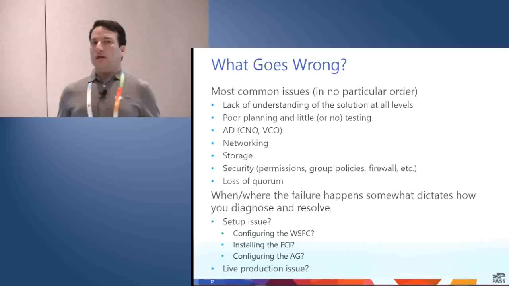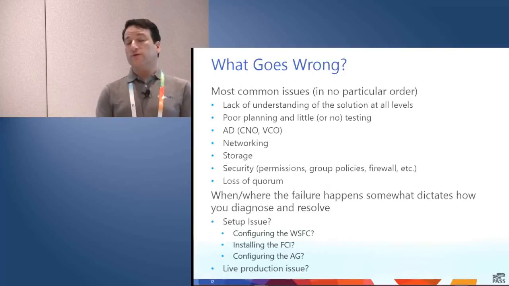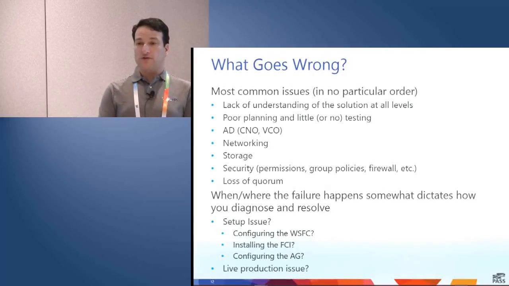And as long as you have the majority up, prior to Windows Server 2012 R2, you're fine. Now, they've continued this even further in Windows Server 2012, where they have something called dynamic quorum.